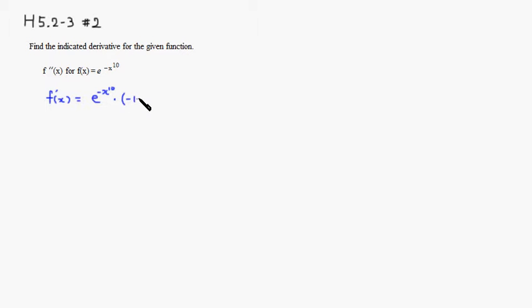I put 10 in front. X, subtract 1 from the power, 9th power. Alright, so I'm going to just write the negative 10 x to the 9th power times e to the negative x to the 10th power.